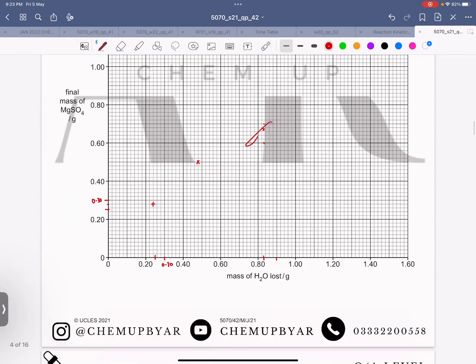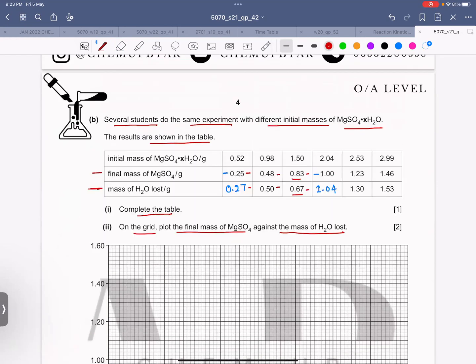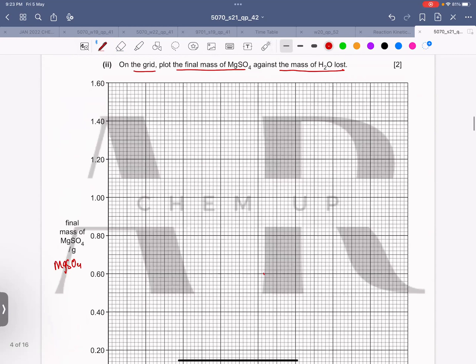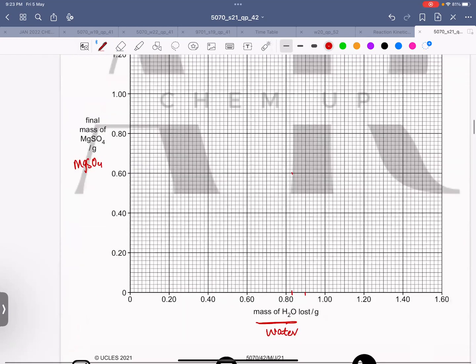Okay, I think I'm doing something wrong. If you see, here it is the mass of water, and here it's magnesium sulfate. Yes. So 0.25 is of magnesium sulfate and 0.27 is of water.